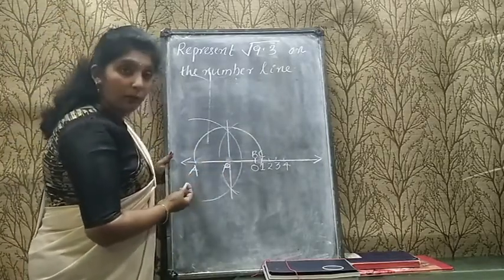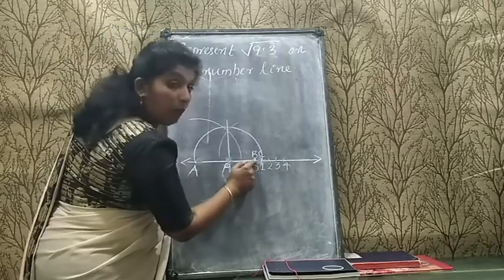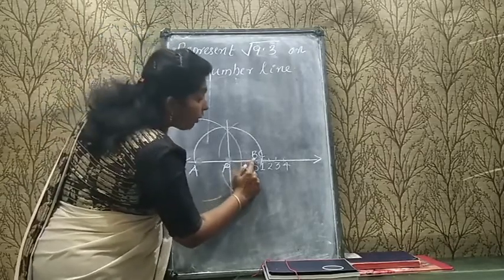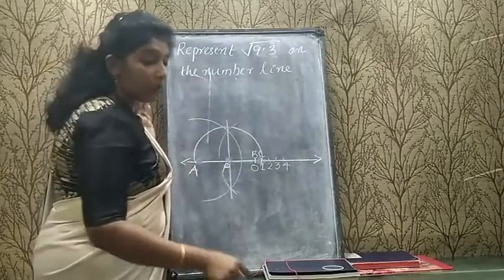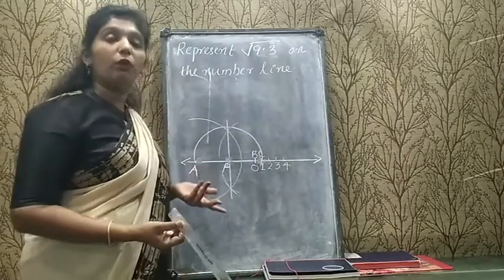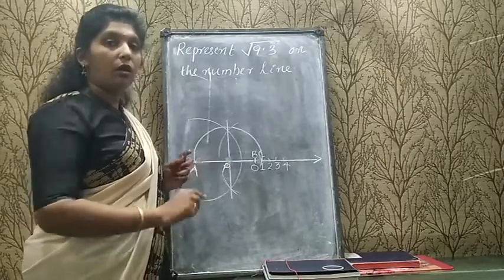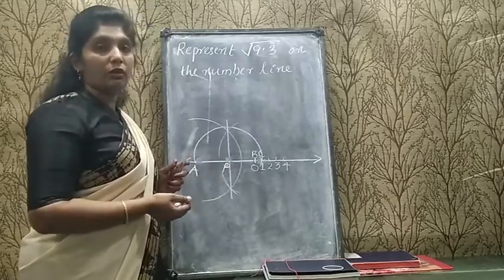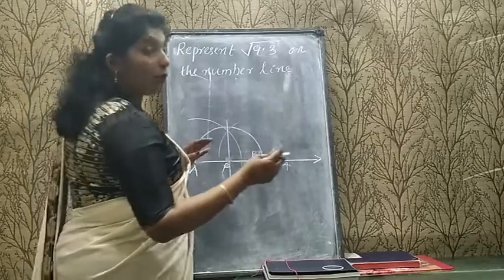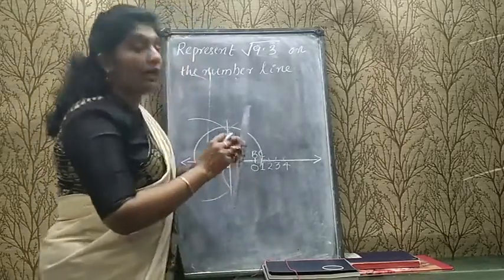In the next step, from the point B, you have to draw a perpendicular to this semicircle. For drawing the perpendicular, if you want, you can use a protractor, or you can construct the 90-degree angle also. Here I am going to draw with a scale. With a scale also you can draw.